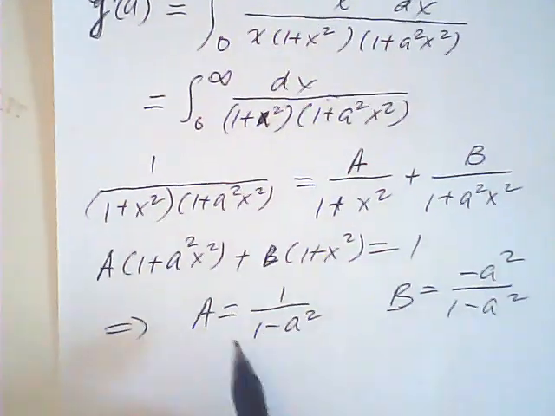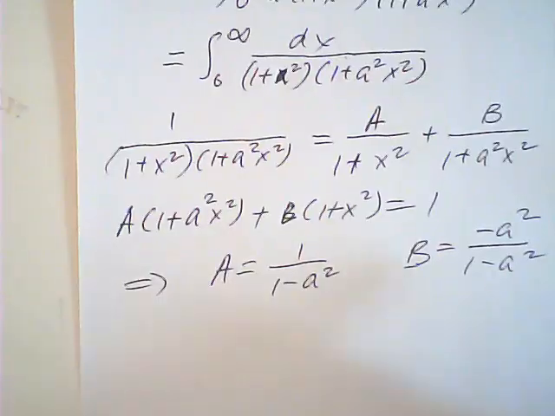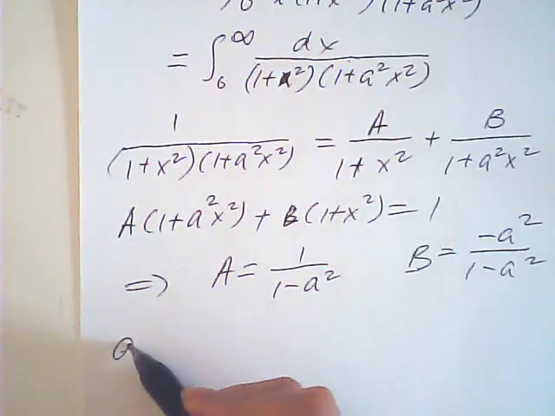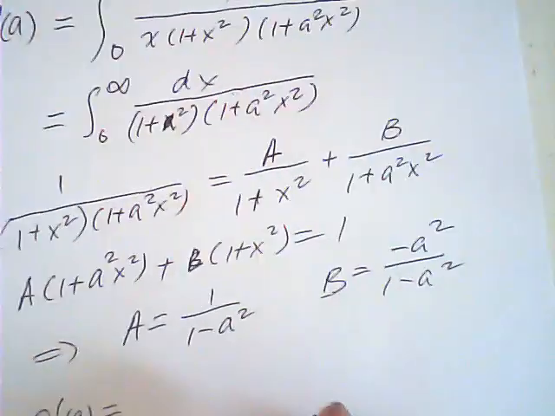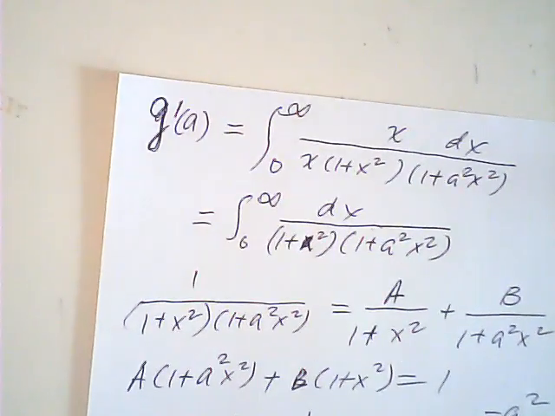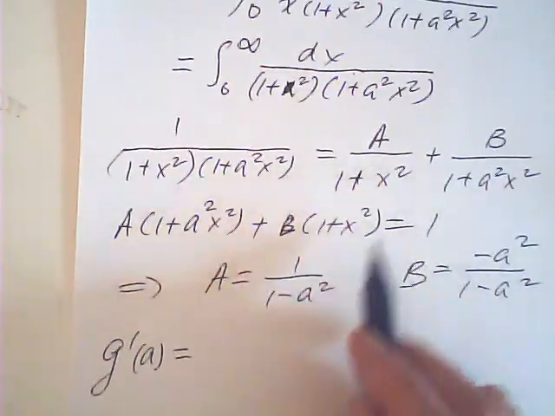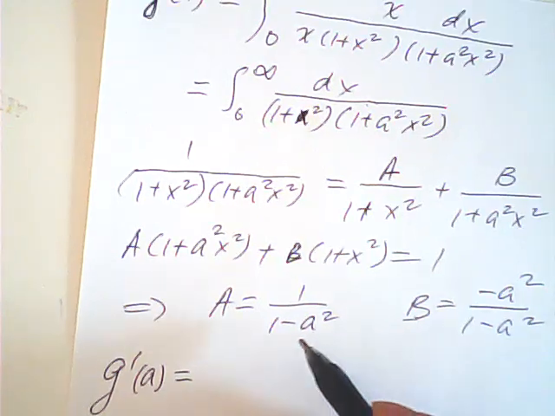Let me omit some steps for simple arithmetic. So I found a and b. So my g prime of a becomes two integrals.